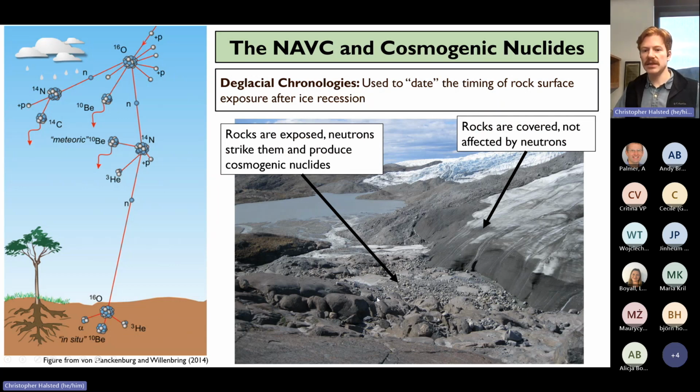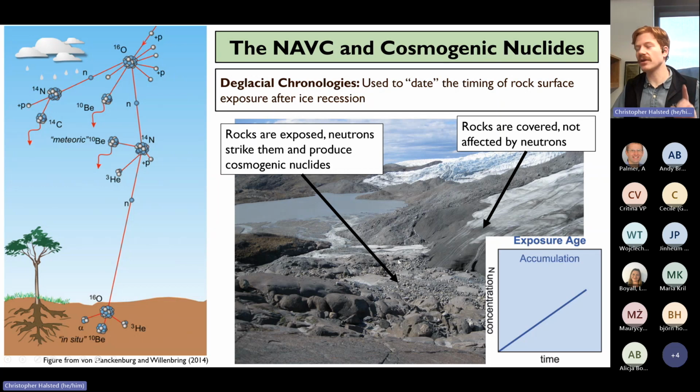And so what that means is that if you sample a rock from outside the margin of the ice and you measure its current concentration, and then you take the very important step of predicting how quickly that beryllium-10 is being produced through time, you can backtrack out the initial age of exposure.